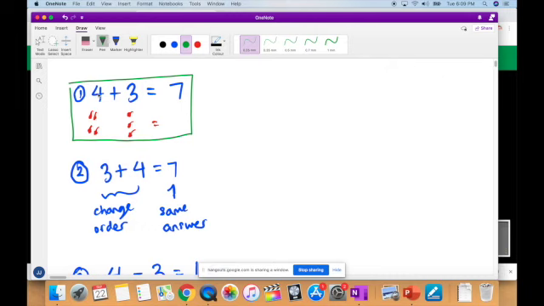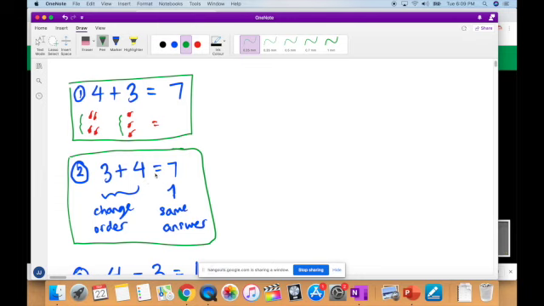We were saying 4 plus 3 equals 7. Then we proved it by counting 4 cherries and adding it to 3 cherries to get 7 cherries. And then we changed the order.